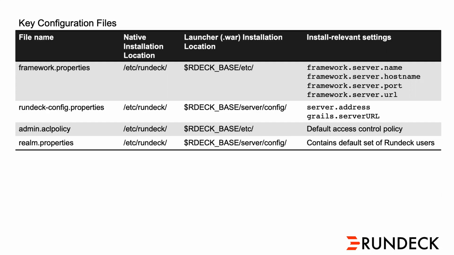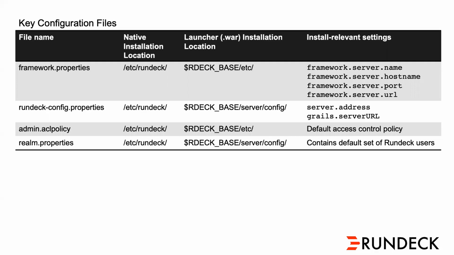So if we were to look at these files in my two instances, we'll see a little bit of difference in what the files are based on the way we're doing the install. So we'll see some differences, but 5 of these 6 show up in both cases. I think the server.address, if I remember rightly, only shows up in the case where we're doing the install on Windows with the launcher.